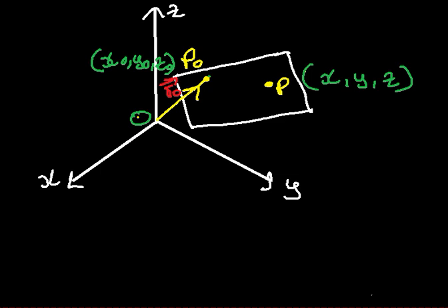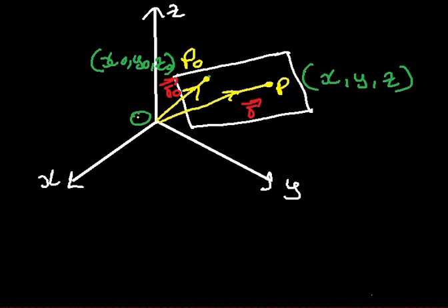And also, let's think of having a position vector with respect to point P. Let me call that one vector R. And let's think of expressing the points P naught as well as P in terms of a vector.